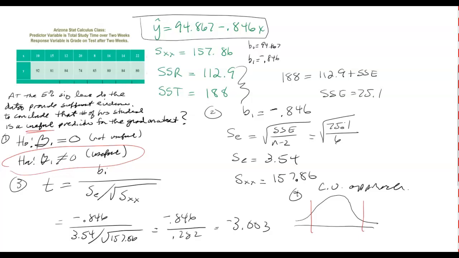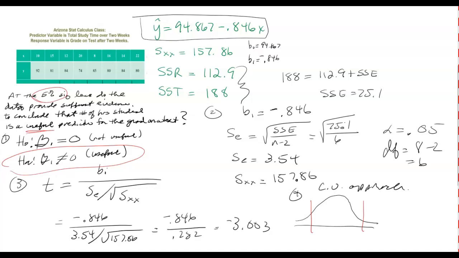Our degrees of freedom are n minus 2. So the degrees of freedom, which we didn't put here, should be 1, 2, 3, 4, 5, 6. So yeah, 8 minus 2. So you have 6 degrees of freedom at a significance level of 0.05, which is what I gave you in the original problem.